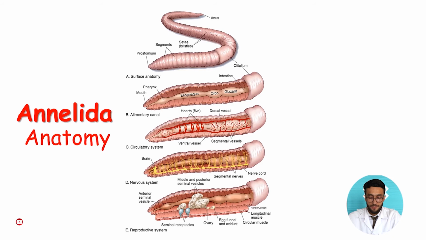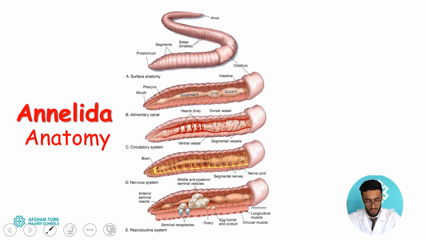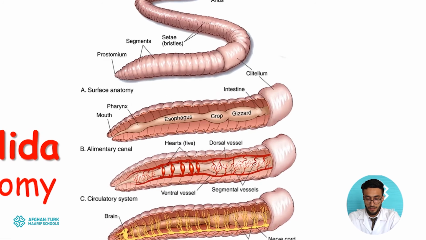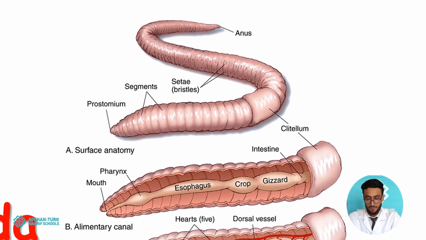For a deeper examination of the phylum Annelida, we should talk about the anatomy of Annelida. In order to understand the Annelida anatomy, you should focus on their different regions. As you're seeing, the example of the phylum Annelida is the earthworm.